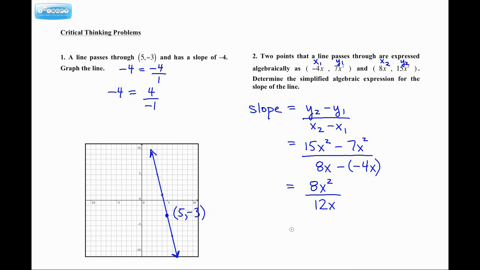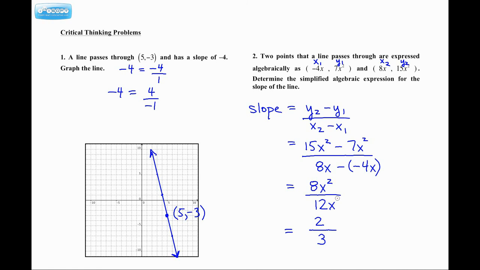Okay. Let's look at the numbers. 8 over 12. Okay. The greatest common factor there is 4. So that gives us 2 over 3. Okay. 8 over 12 is the same as 2/3. But now we need to reduce the x's if possible. Remember, x squared means x times x.